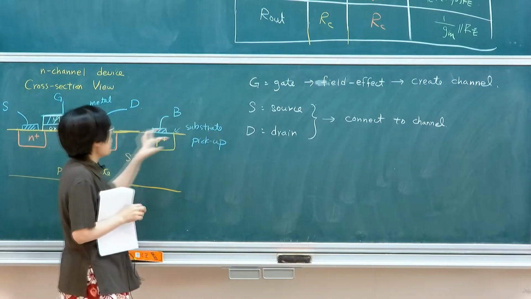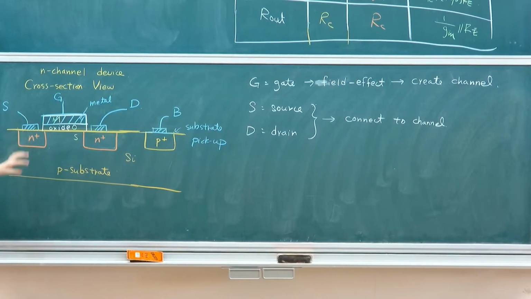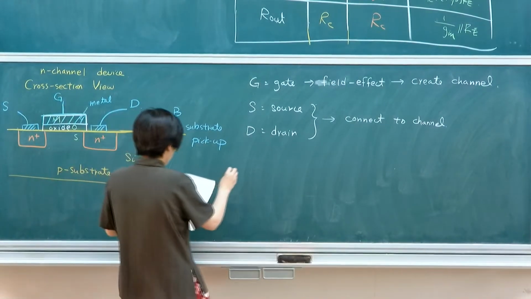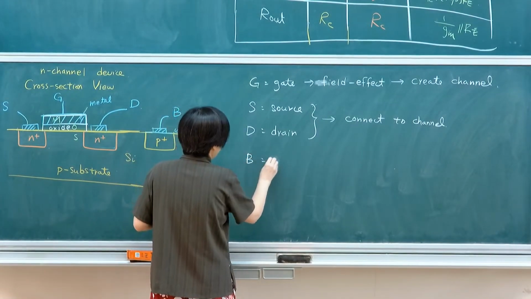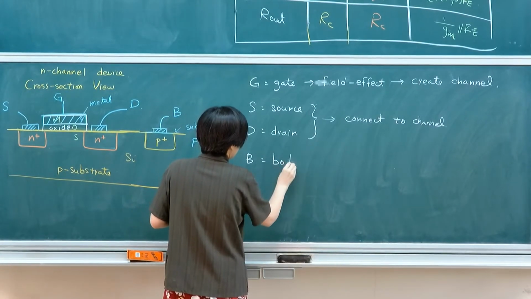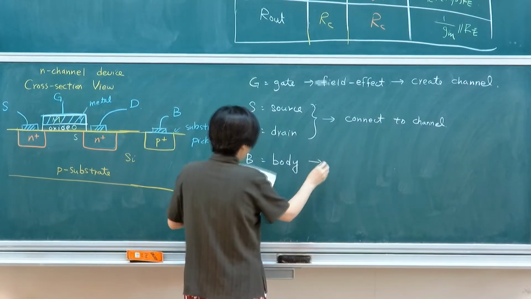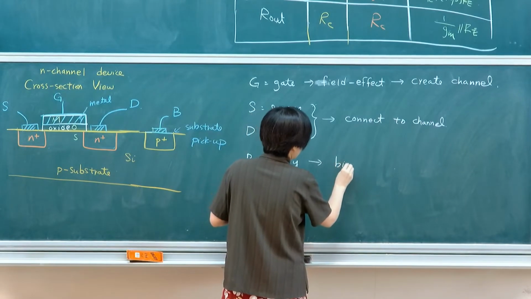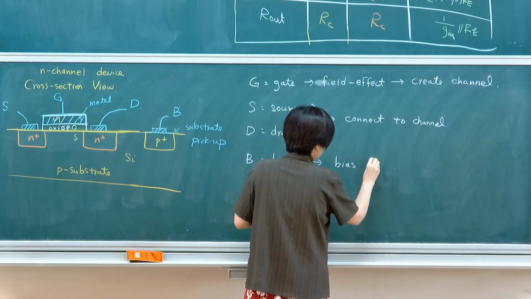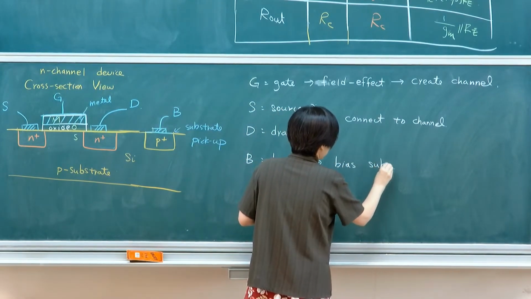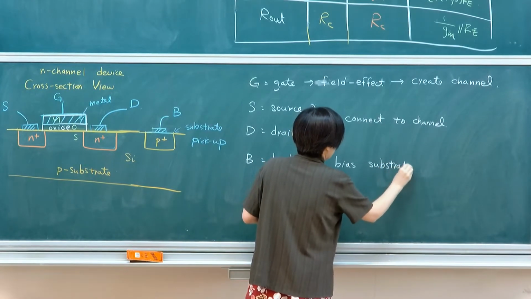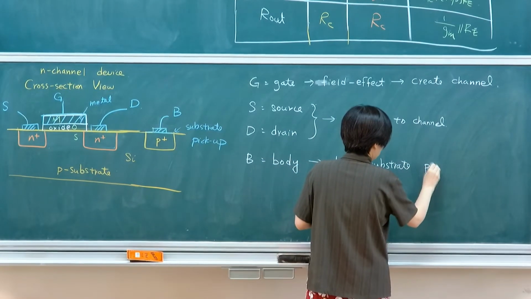And the source and drain structure is mainly to connect to the channel. And then I have B, which stands for body, to provide bias to the substrate potential.